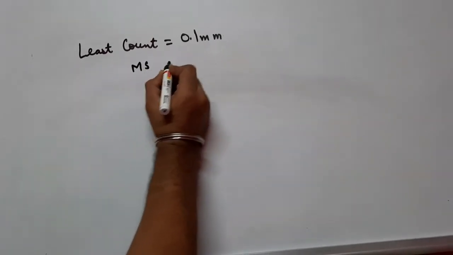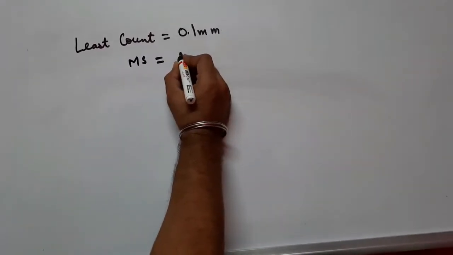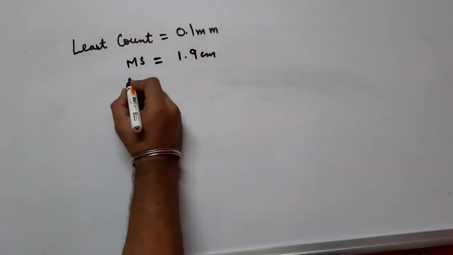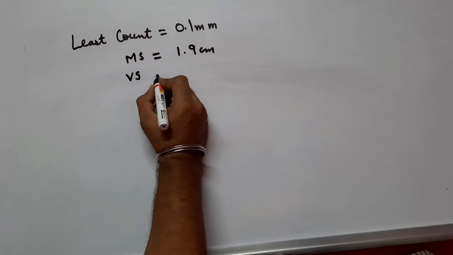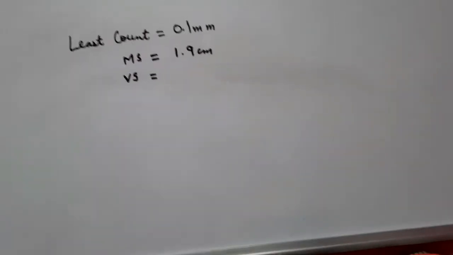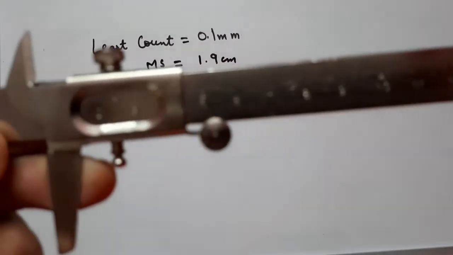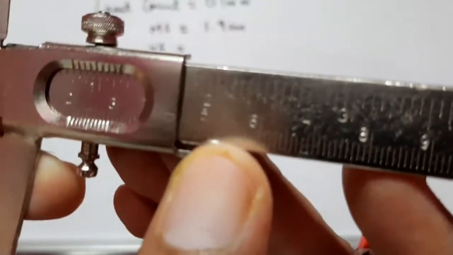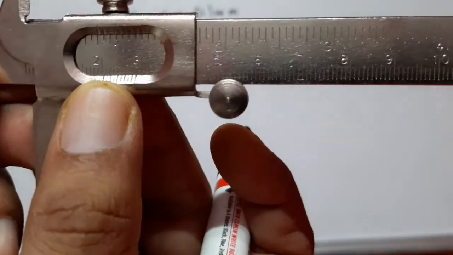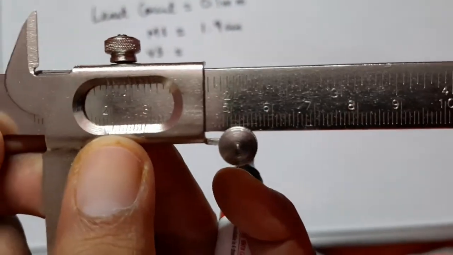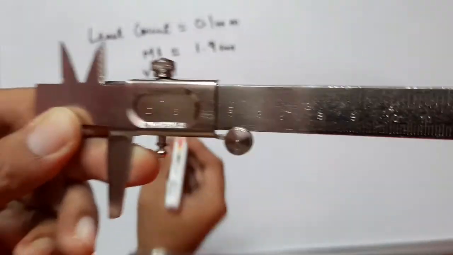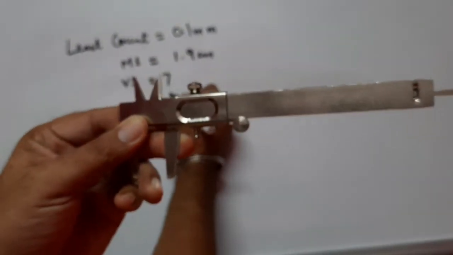So we can write main scale reading is equal to 1.9 centimeter. Now talking about the vernier scale. When checked carefully, the 7th division on the vernier scale coincides with the main scale. So we can write vernier scale reading is 7.